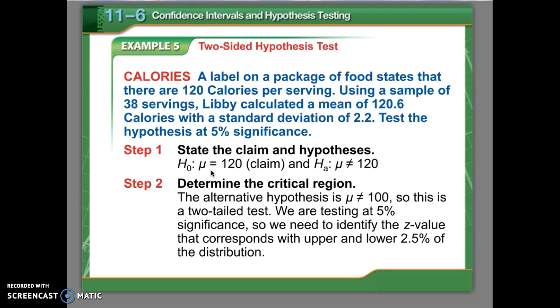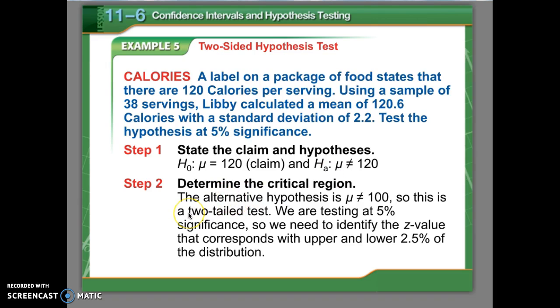And the alternative hypothesis could be anything, if it's more than 120, if it's less than 120, doesn't really matter. It's just that it's not 120 at that point. So the alternative hypothesis is that the mean is not equal to 120. And whenever you use not equal, that's a two-sided test because it could be more than 120 or it could be less than 120.